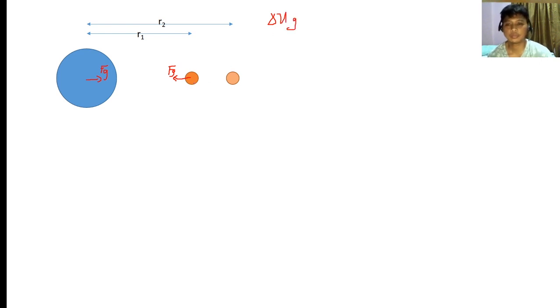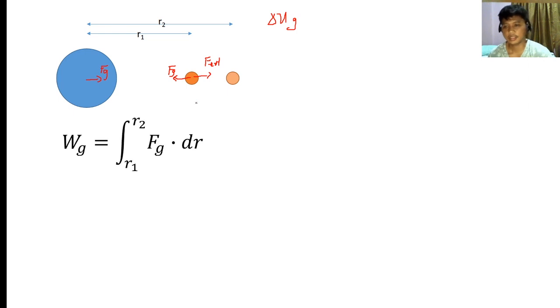Simple. What we do is we apply an external force. And this external force must be the same magnitude as the gravitational force, because we want this orange object to move to this new position at constant velocity so that there are no changes in kinetic energy but only changes in potential energy.